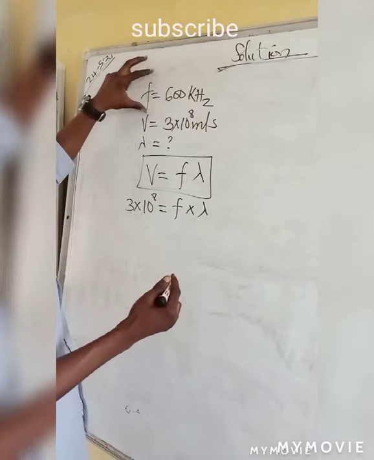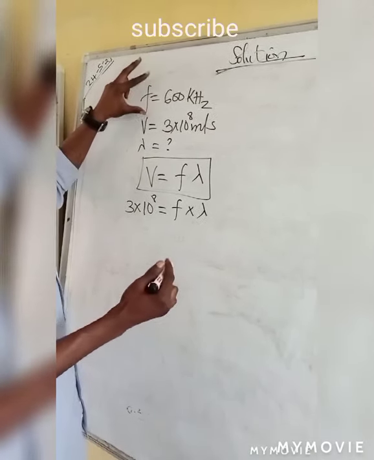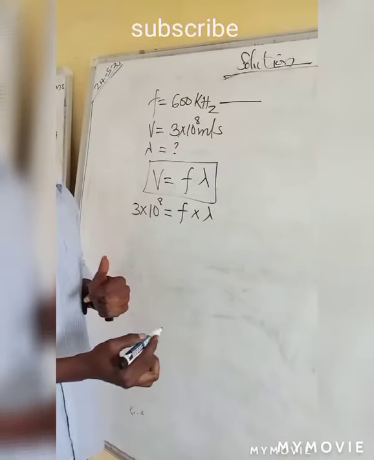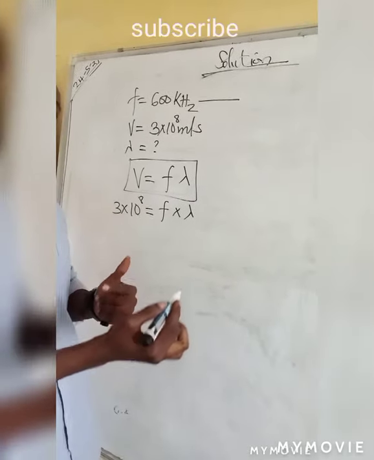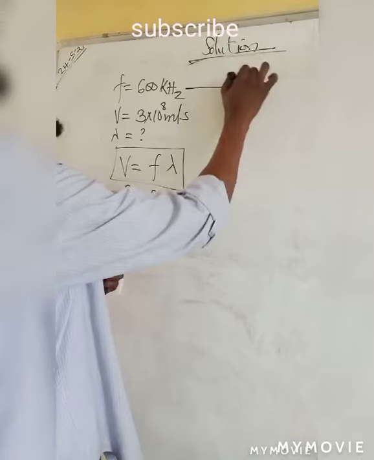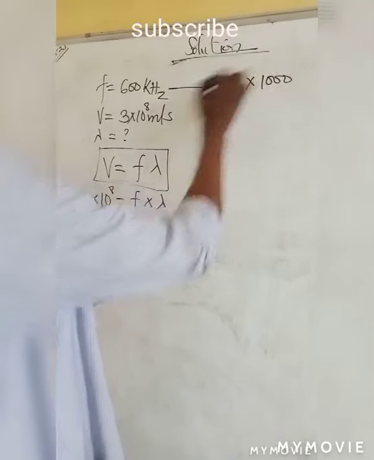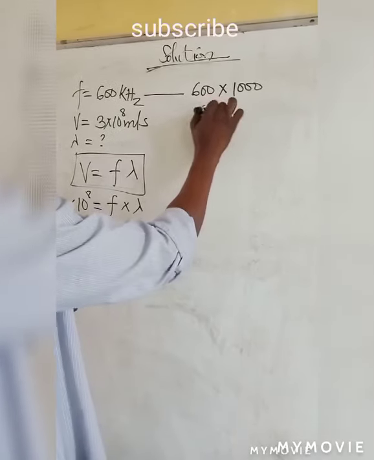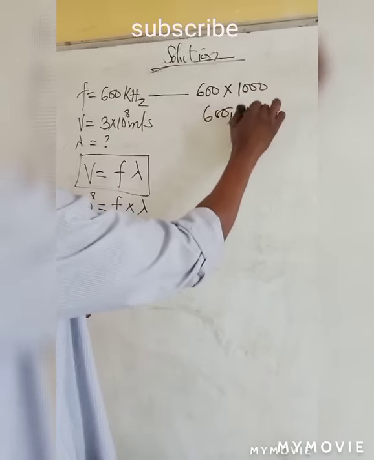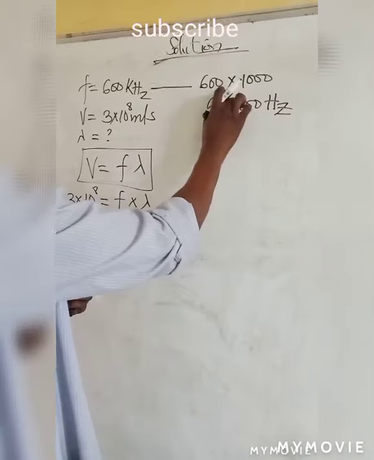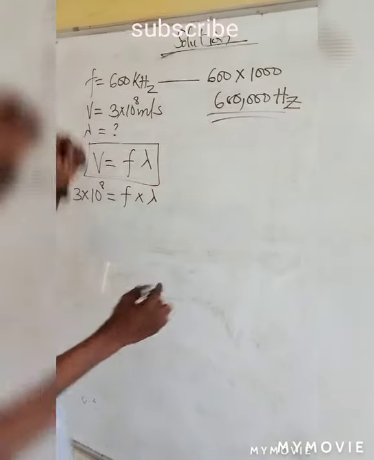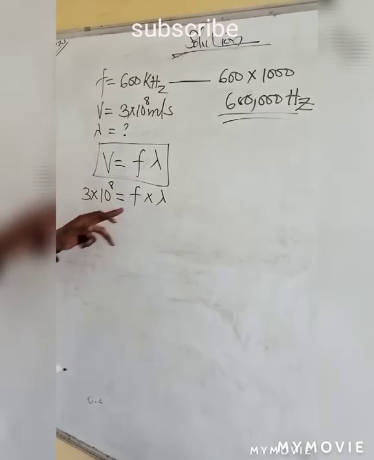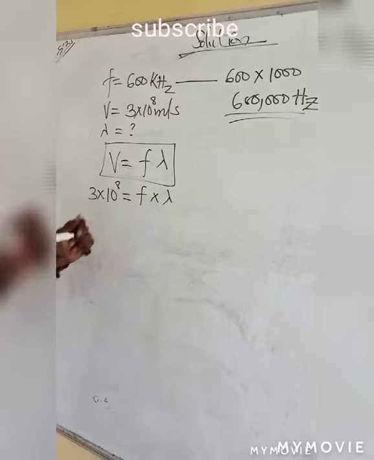As the question gives us the frequency in kilohertz, we have to multiply the given value by 1000. 600 multiplied by 1000 will give us 600,000. This is the new value of our frequency.